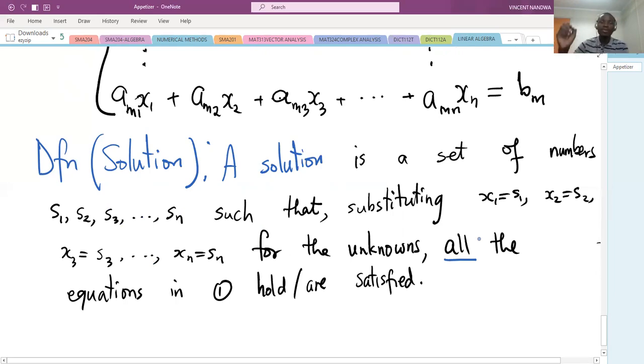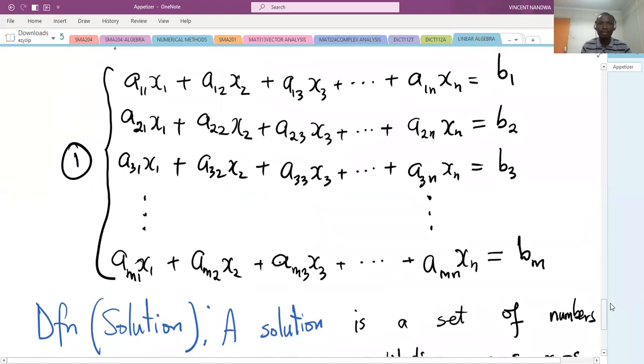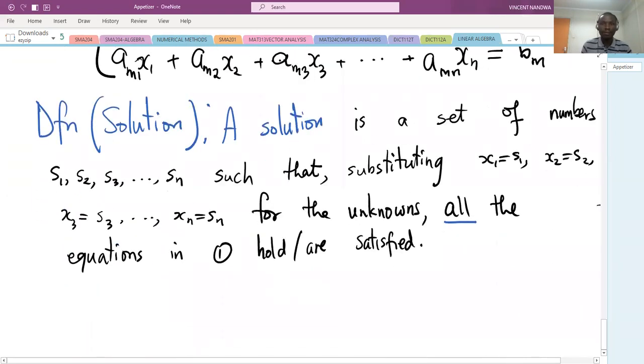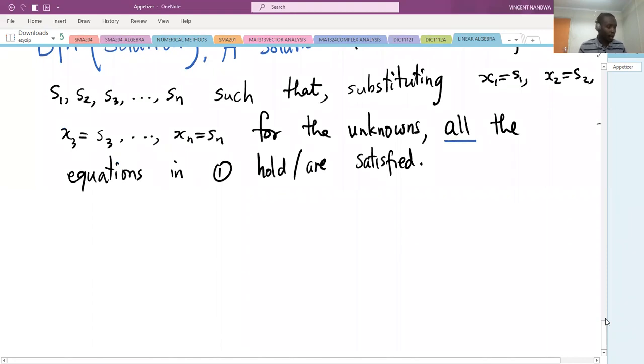Then when you replace into each of these equations in this system one, then each of them is satisfied, meaning that once you replace those values, the left-hand side of each equation will be the same as the right-hand side for all of them, not just one of them or a few of them. All of them must hold or must be satisfied. So that is how we define a solution of a system of linear equations.